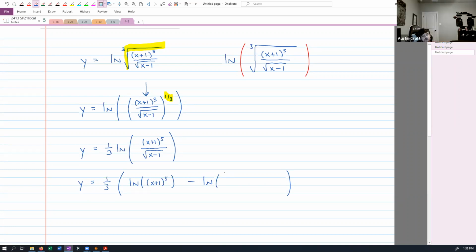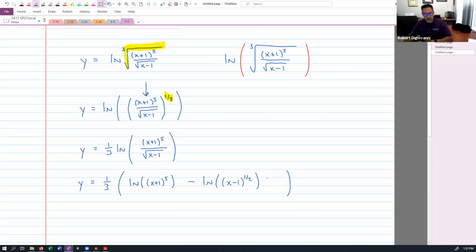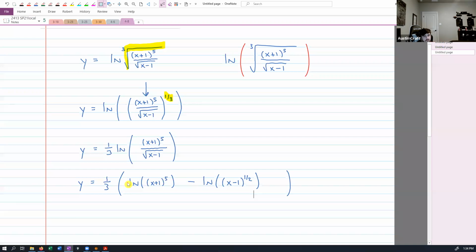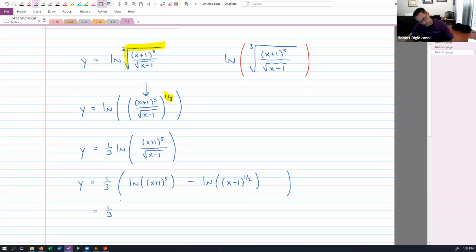Let's write the square root as x minus 1 to the 1/2, because we're going to pop that 1/2 out. And we're going to pop this 5 out. So we have 1/3 times 5 natural log of x plus 1 minus 1/2 natural log of x minus 1.